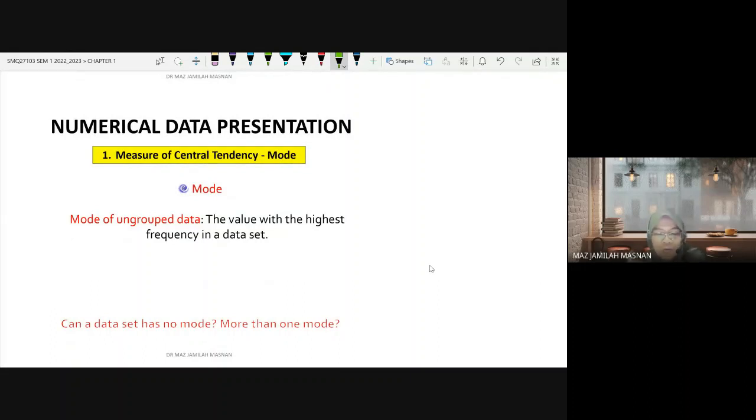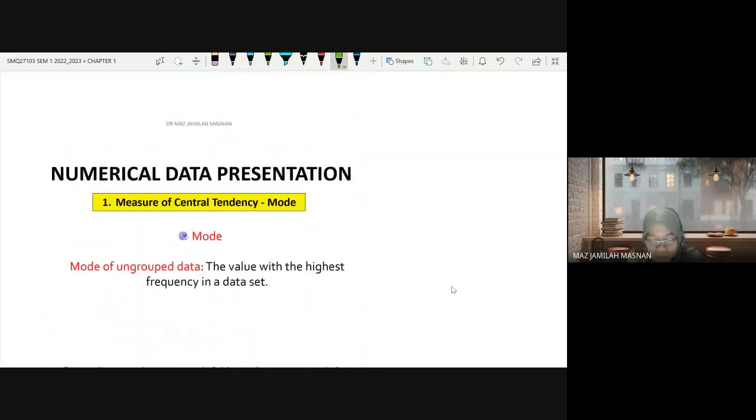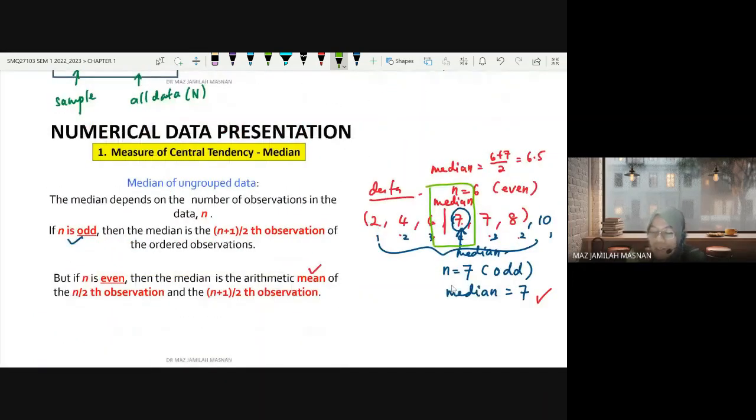For ungrouped data, the mode is the value with the highest frequency in the data set. So if you go back here, you will see how many times each value is repeated. In this case, we have the value 7 repeated twice. The rest have only 1, not more than 1. So in this case, we call 7 the mode.